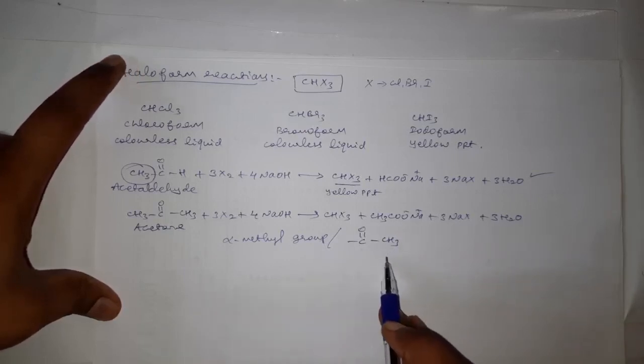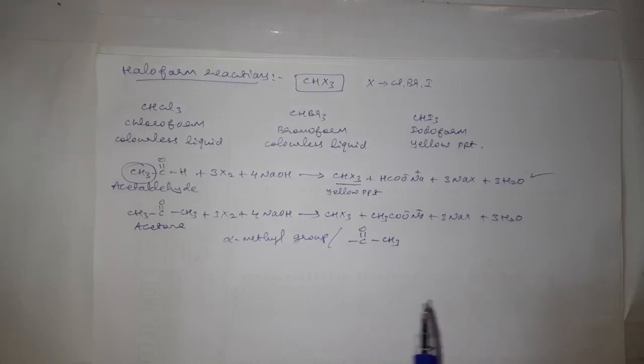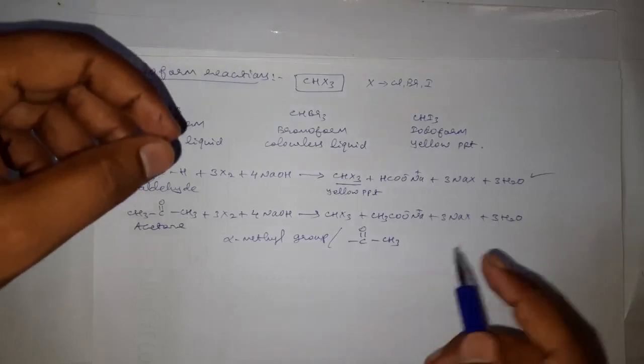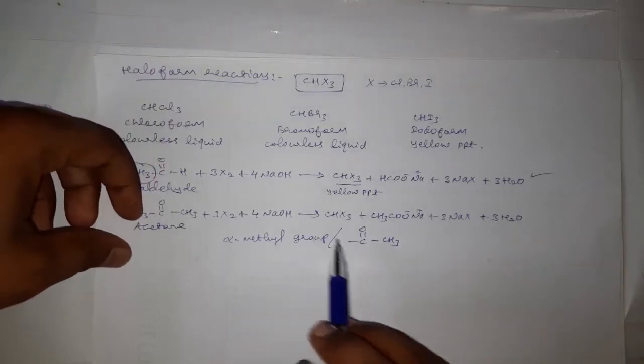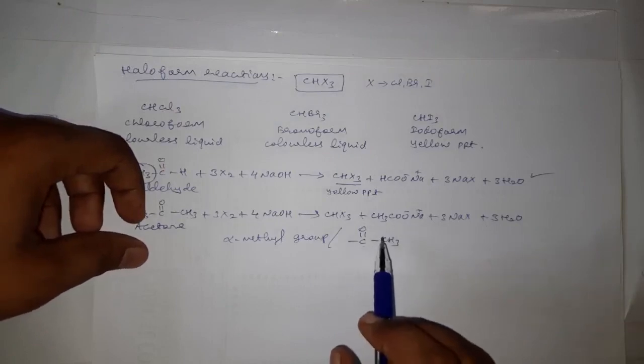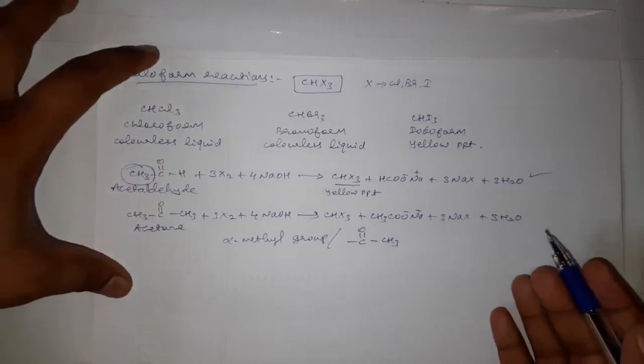It is a property of aldehydes or ketones having alpha methyl groups or this type of groups to undergo haloform reactions.